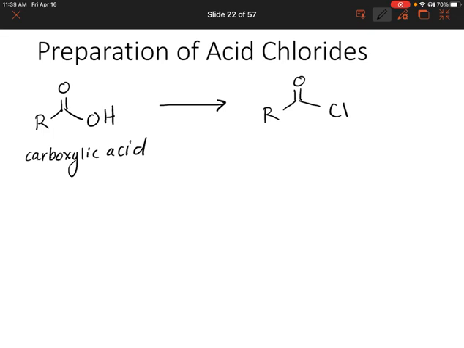So you might remember this from previous chapters. Previously, we said that thionyl chloride will convert an alcohol group into a chlorine. So the same thing will happen here.